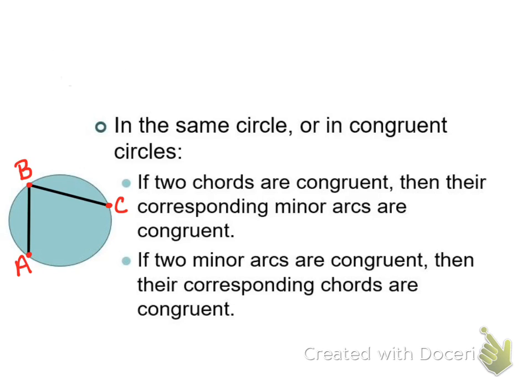So the first way says that if two chords are congruent, so that would mean that AB is congruent to BC. Those are the two chords. If they are congruent to each other, then we would know that their corresponding arcs are also congruent.